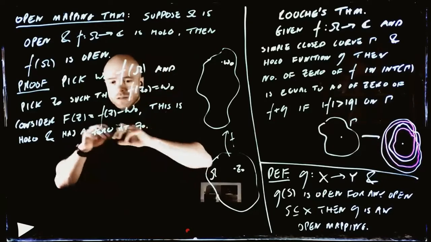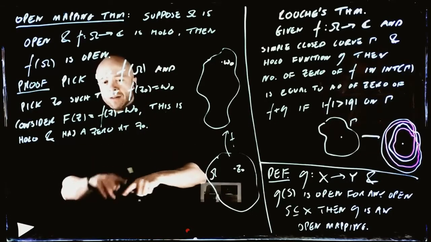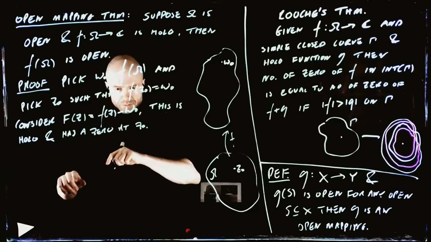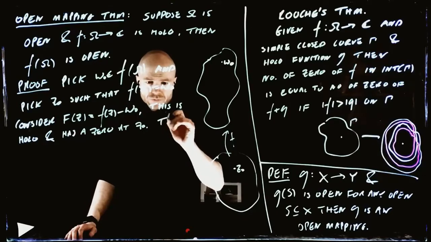So therefore there exists some radius r such that on the boundary of a ball of radius r, there are no other zeros of capital F. Because it's isolated.